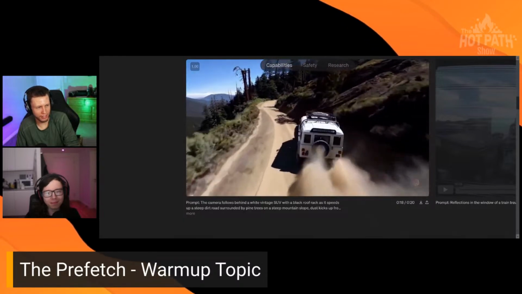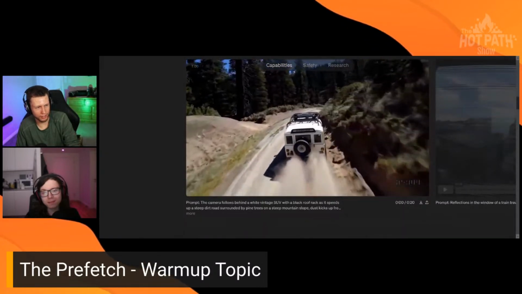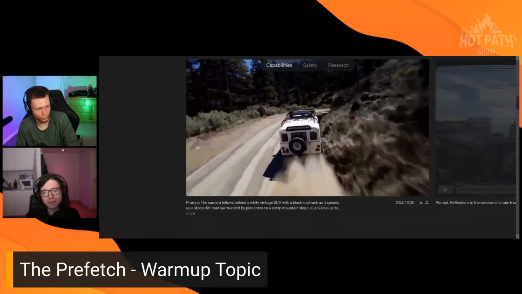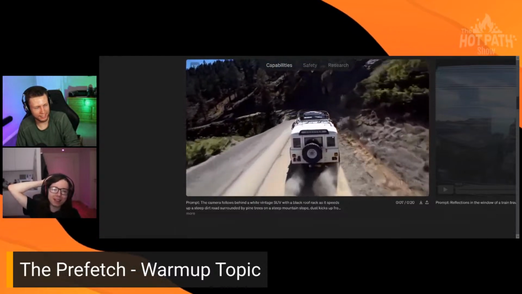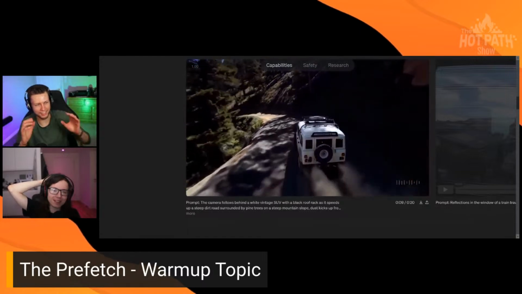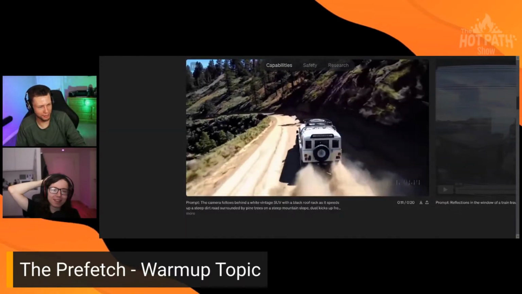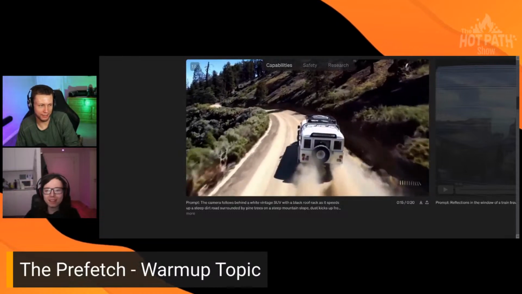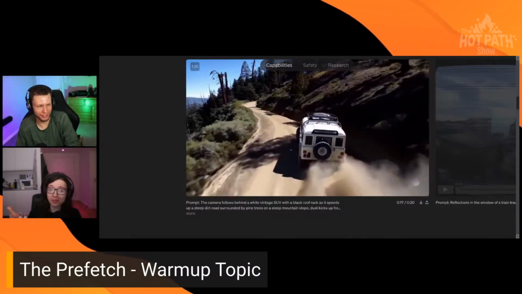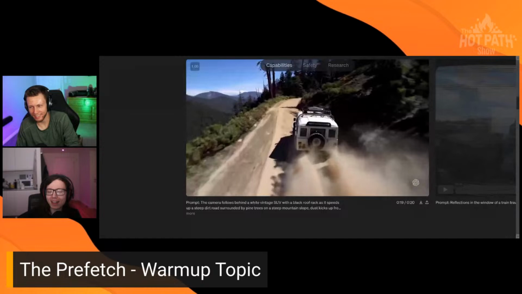And it is really impressive. This car is perfectly tracking this dirt road. It does look like a video game in a way, the car itself. Yeah, because it's a fixed camera point of view. But if this was a video game, this would be a really good looking video game.